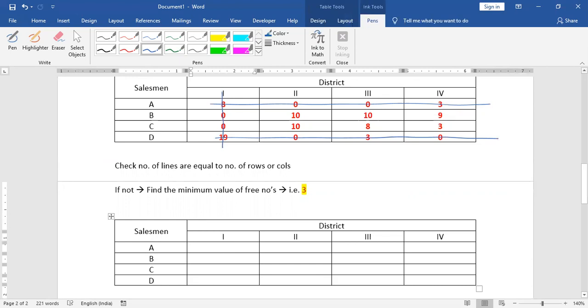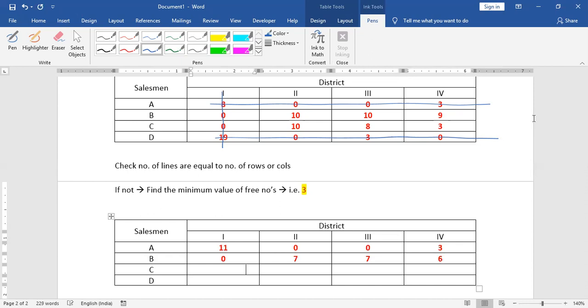So 8 plus 3 is what? 8 plus 3 is 11, because a line is passing there. That is why 0, 0 and 3. If we're talking about the second row, on the first number a line is passing, so the number stays as it is. The 10, 10, 9 are free numbers, subtract 3, so they become 7, 7 and 6.